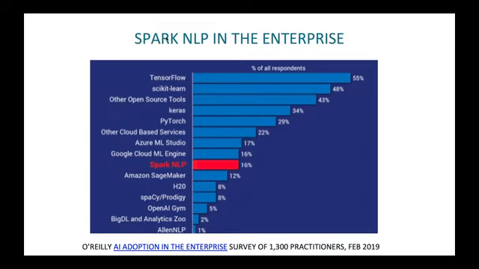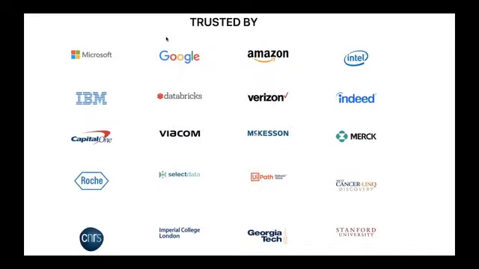Spark NLP is widely used in industry for production systems, in finance, healthcare, insurance, retail, life science, and cyber, where people really need to get work done in a production setting. And I would say the community has been growing very quickly in the past couple of years. These are some of the companies who have told us that they're using this in production.